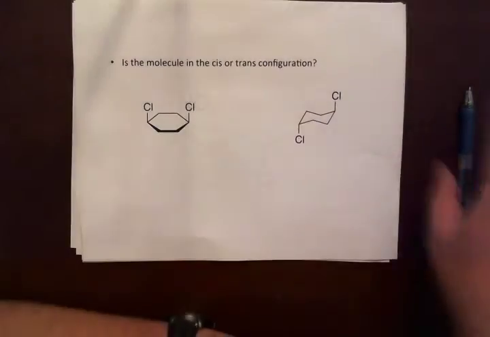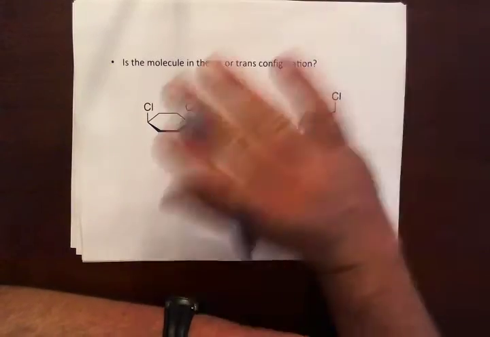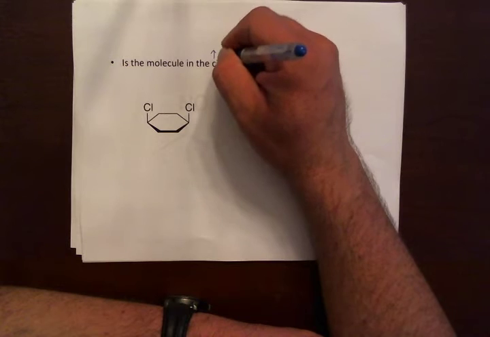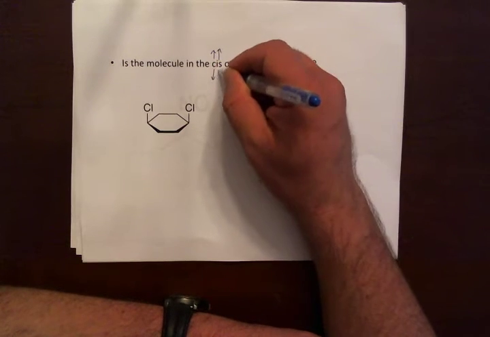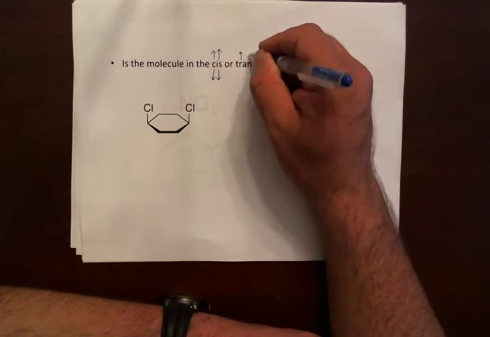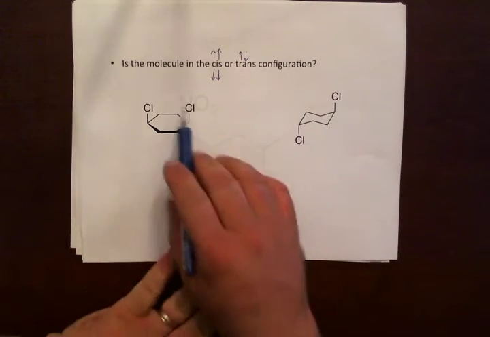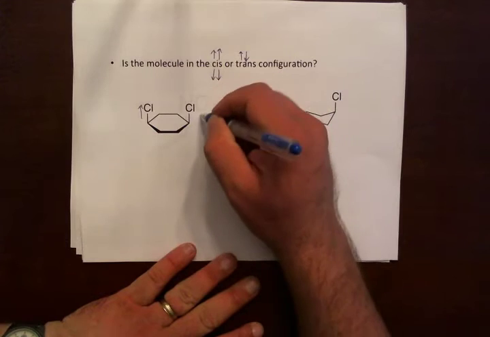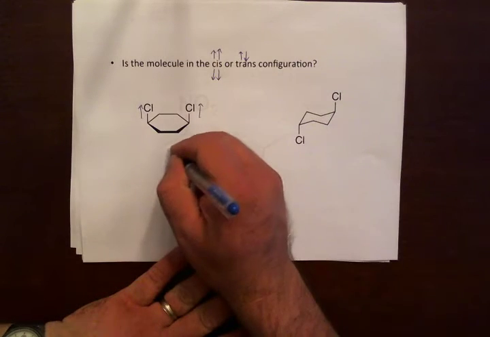Okay, now cis and trans. For cis, all we're talking about is up and down. Cis, they're either both going up or both going down. Trans, you've got one up, one down. So for the Haworth projection here, this chlorine is going up, this chlorine is going up, so this one's cis.